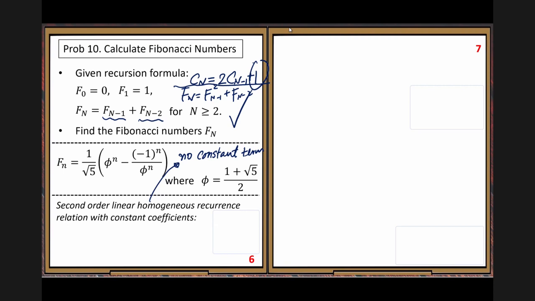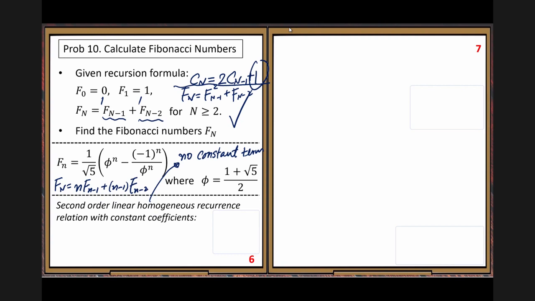So, a homogeneous recurrence relation with constant coefficients. The linear coefficients, 1 and 1, are constant. What would a non-constant coefficient look like? Let me show you an example. Fn equals n times Fn minus 1 plus n minus 1 times Fn minus 2.